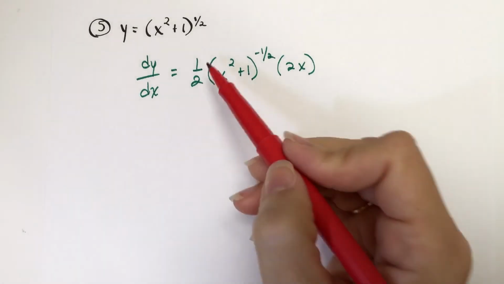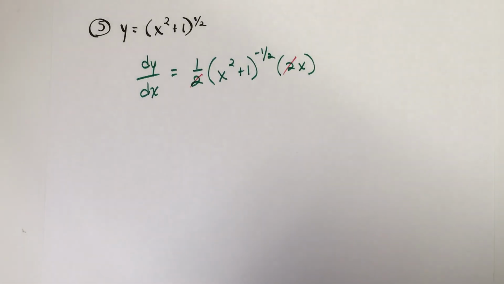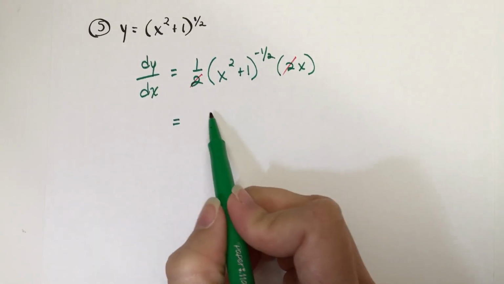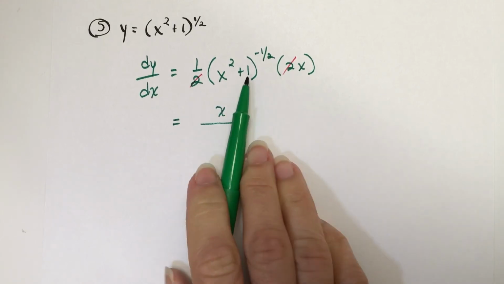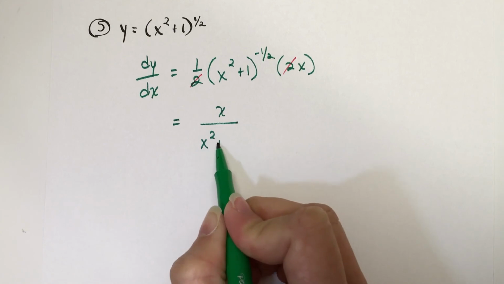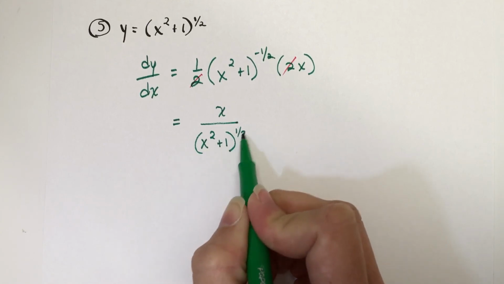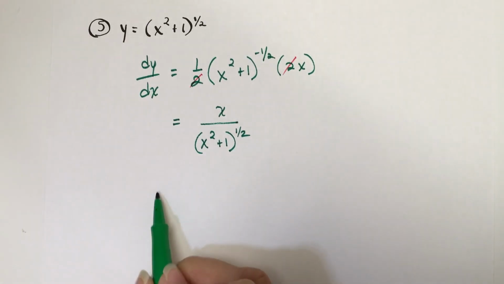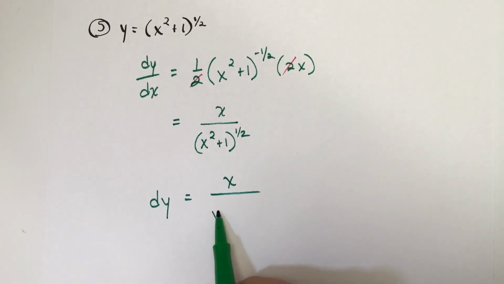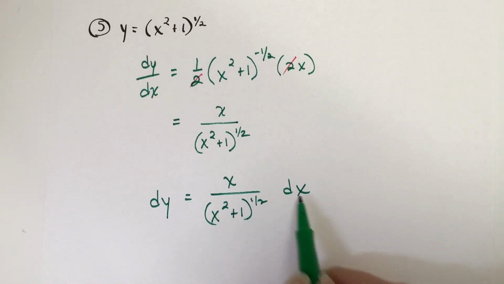So first of all, those 2's are going to cancel each other out, so go ahead and get those out of the way. Then we'll leave an x on the top, and of course you need to bring this to the bottom, so you'll have a positive exponent. Okay, so that means dy, your differential equation, would be this.